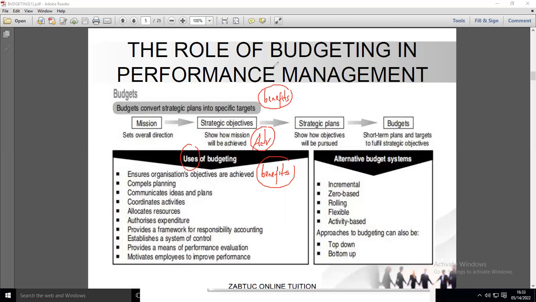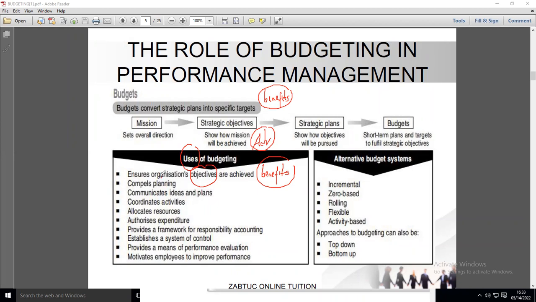So uses of budgeting, number one: how would an organization benefit from having a budget? Well, it ensures that organization objectives are achieved. And that means good performance, isn't it?